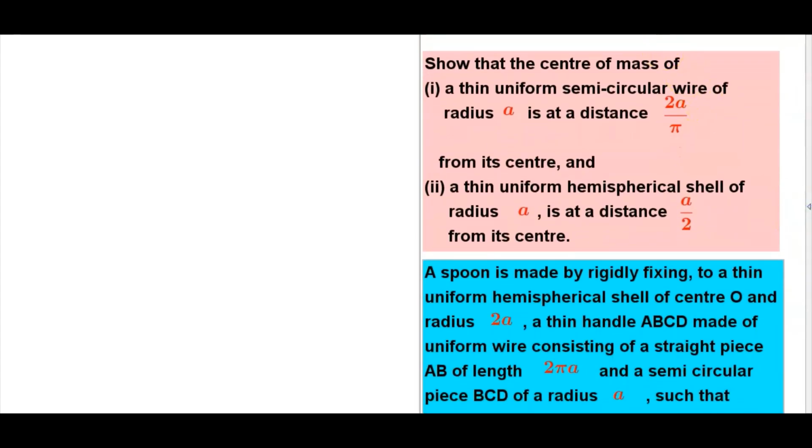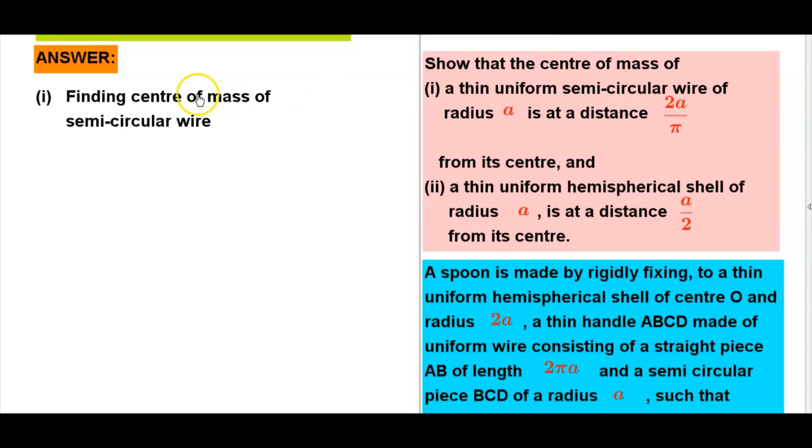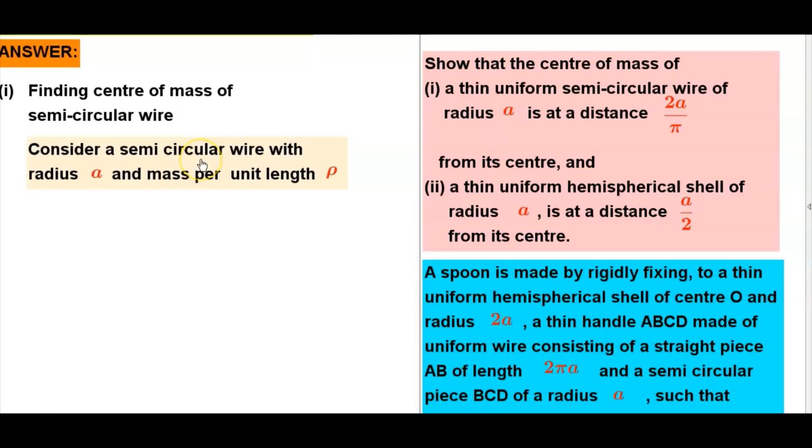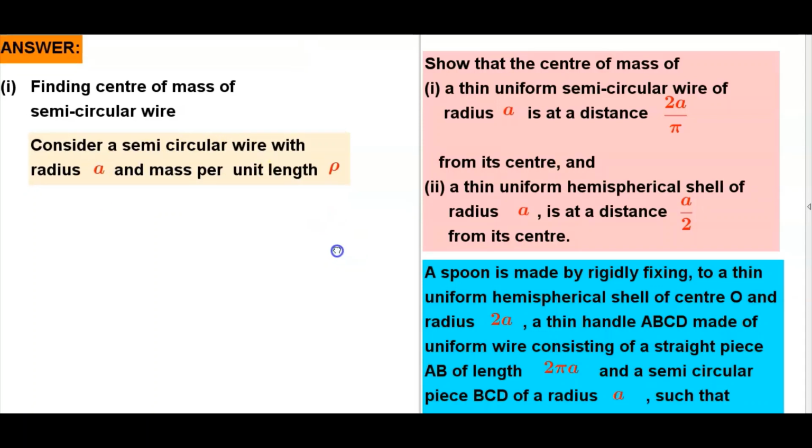First part. The first one, a thin uniform semicircular wire of radius a. Finding the center of mass of a semicircular wire. Consider a semicircular wire with radius a and mass per unit length rho.